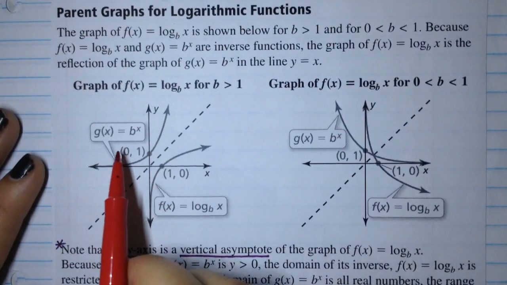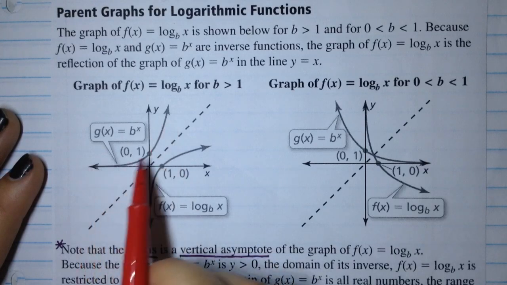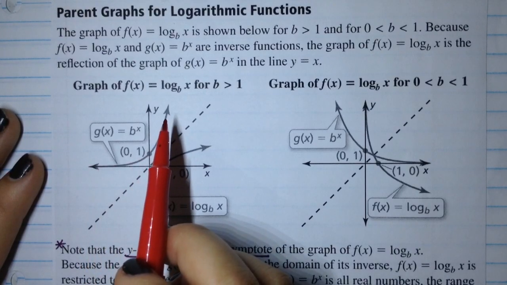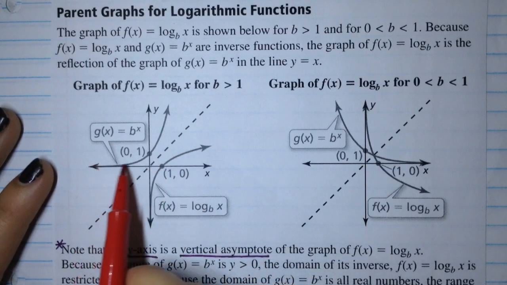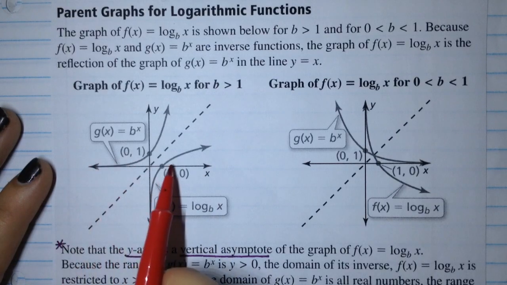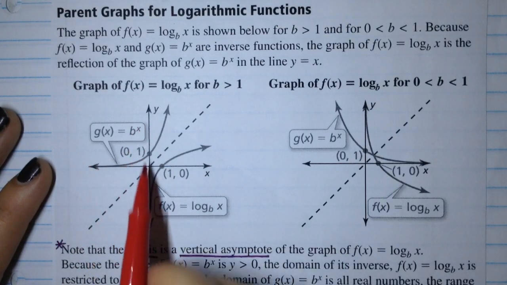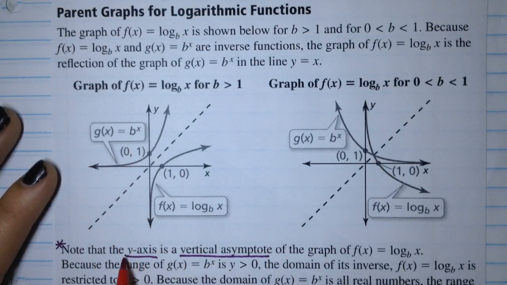So this is the exponential group. This is what we already studied. This is exponential growth. So its inverse, which is reflected over the line y equals x, no longer has a horizontal asymptote here, but has a vertical asymptote along the y-axis.